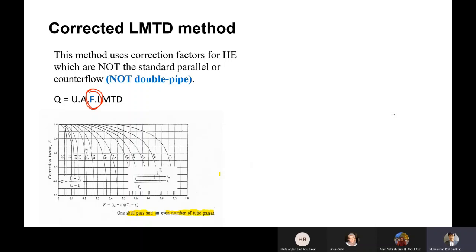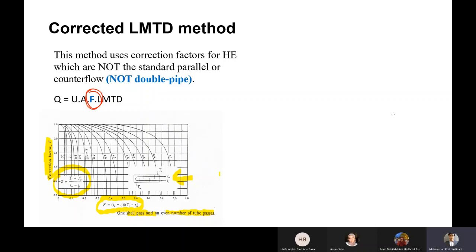So it will be applicable for 1 shell pass with, for example, 2, 4, 6, 8 passes of tubes. What we need is to find the correction factor, which is here. To get the correction factor, you need to find Z and P. The equations for Z and P are given in this graph. And T_i, T_o you can see from this illustration.